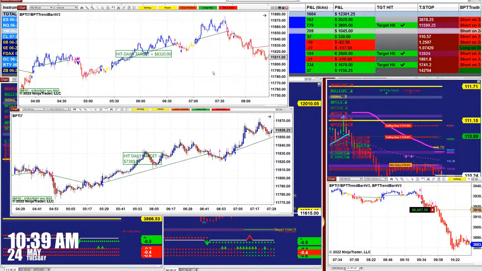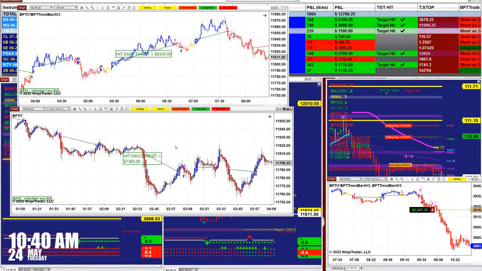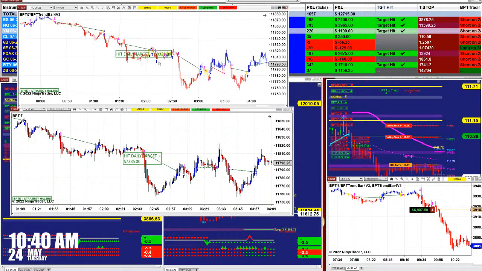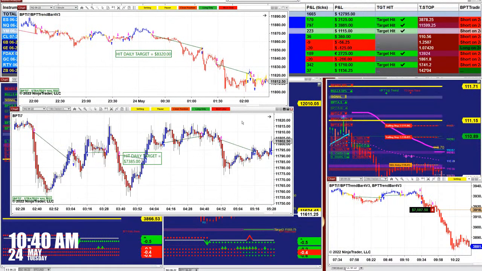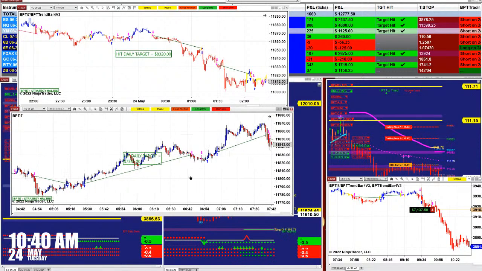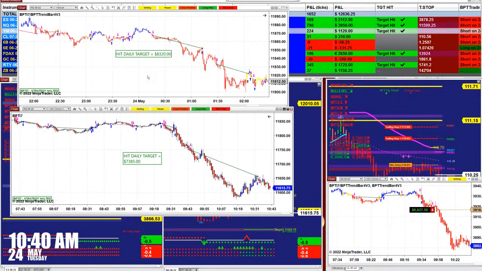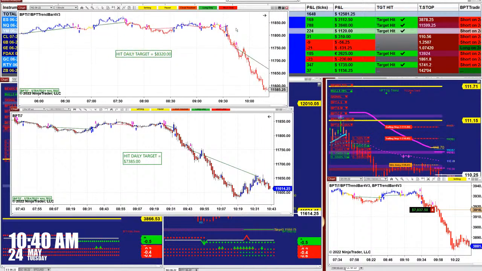So if this is 1 minute and this is 1 minute, we can see how smooth this one here is. Look at this. And look at this. You see? There is much more potential on this one when the market is sideways, because most of the traders don't look at the 1 minute chart.